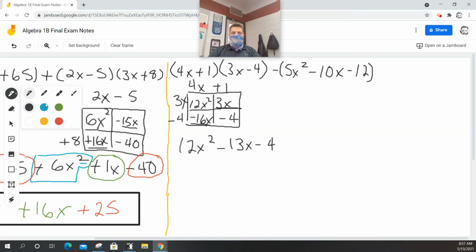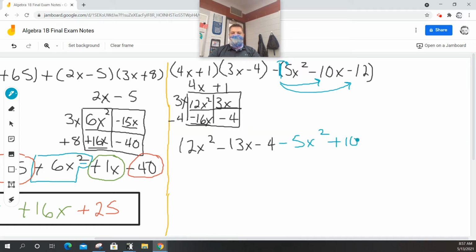Now, the only thing that we have to remember is to multiply this by negative 1. So when I multiply the negative 1 times all three of these terms, all it does really is change the sign. In other words, this becomes negative 5x squared. This becomes positive 10x. And this becomes positive 12.